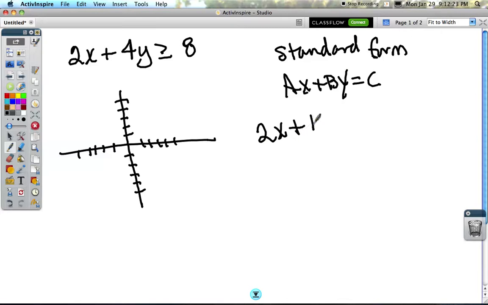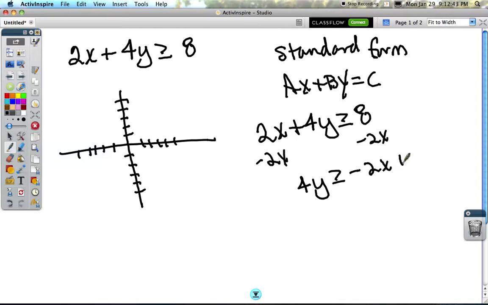2x plus 4y greater than or equal to 8. What would I do to start getting y by itself? I would minus 2x, because I've got to get the y on this side. Y by itself, so I move the x. Then I would do what?